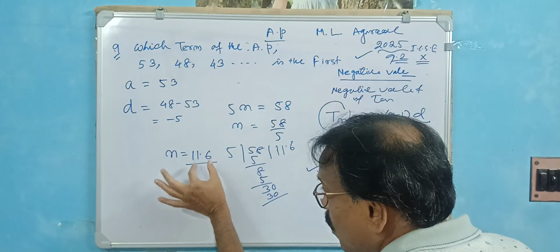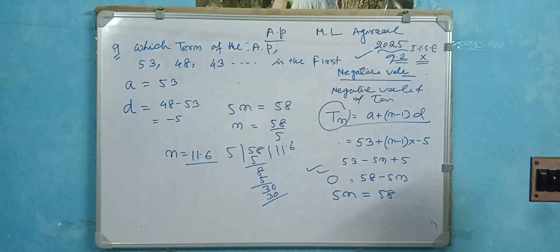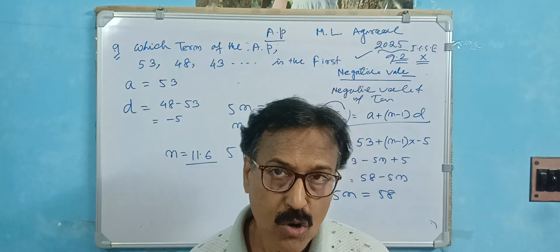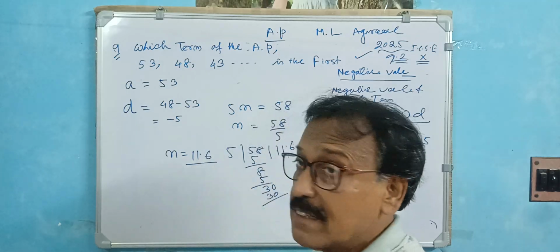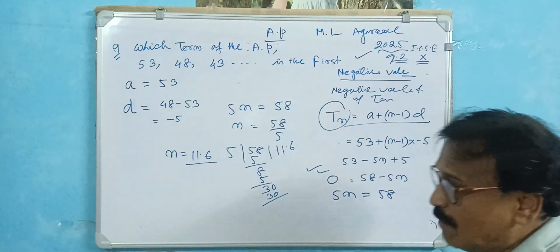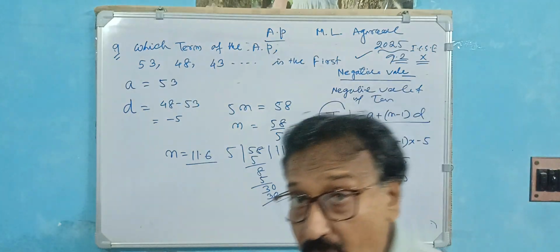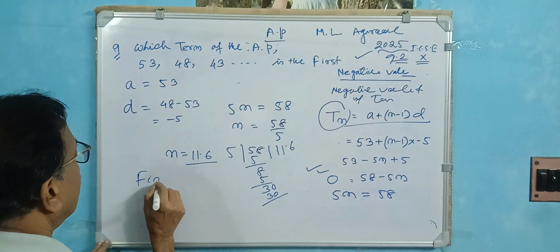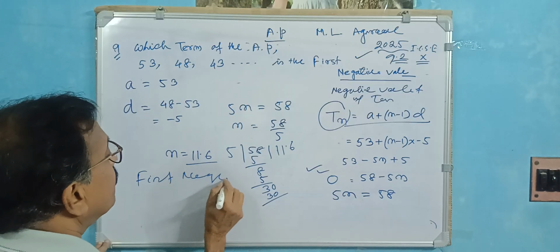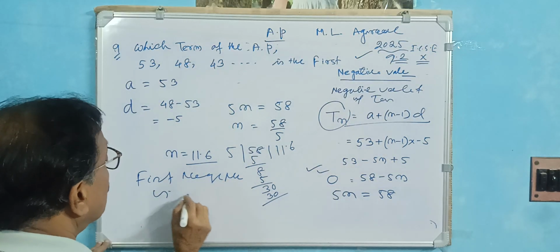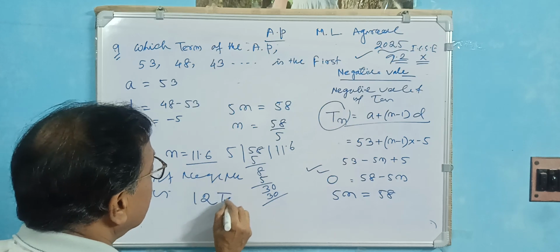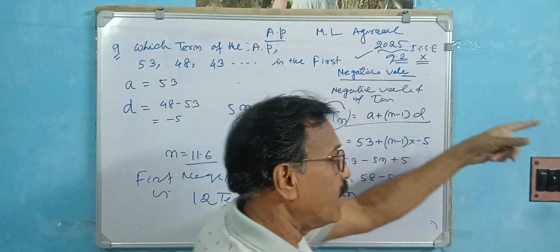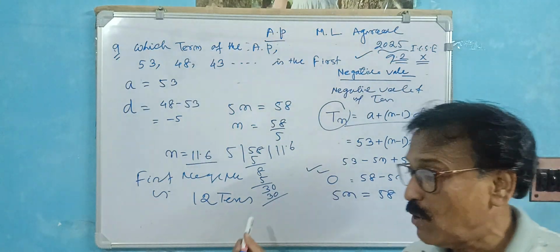Now 12 is starting the negative, because 11.6 is where 0 would come. So the 12th term is the starting of the first negative number. The question is which term of the AP is the first negative value: the 12th term.